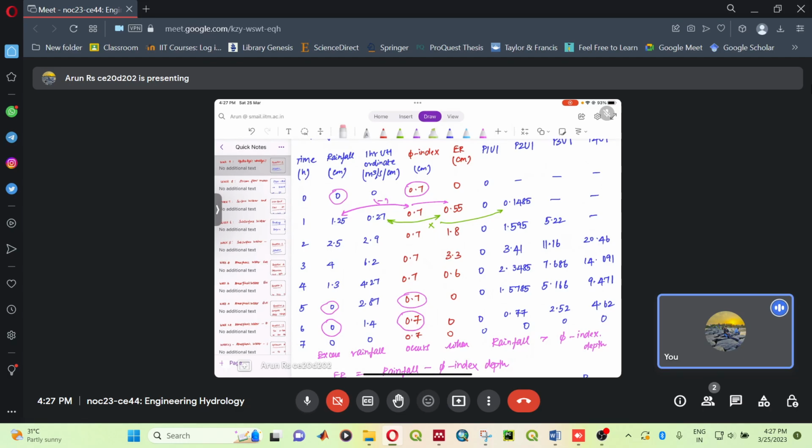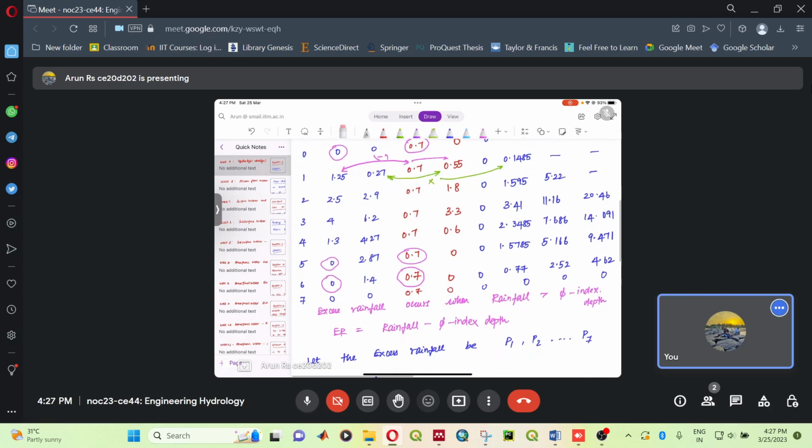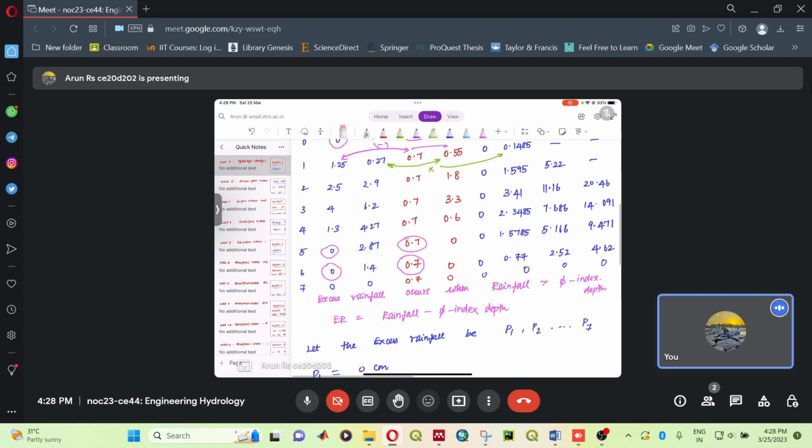Now if I add the first hour rainfall, that is 1.25, plus the second hour rainfall, that is 2.5, and the last hour rainfall, that is 1.3, we get the value as 5.05, which means that one block is excess, I would say.